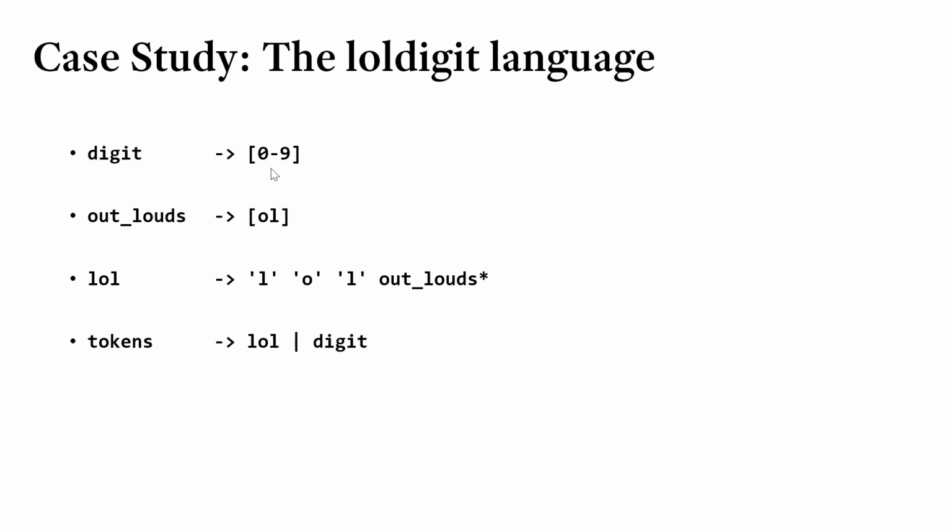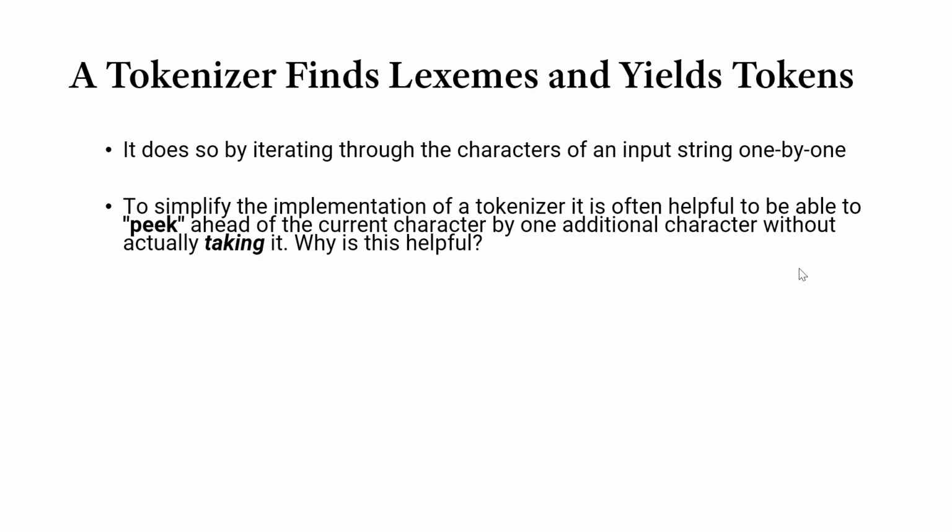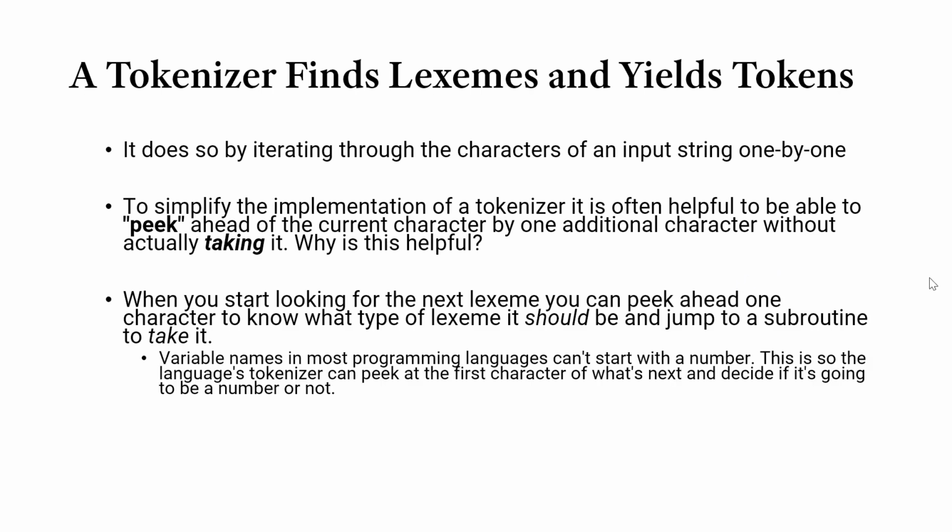But if we saw a digit, we would want to go in a different direction in our code to pull out a digit token. And if we saw something else, we'd have to handle errors that don't conform to this language as well. So it's really helpful, and such a common need when tokenizing an input string, to be able to peek ahead by one.